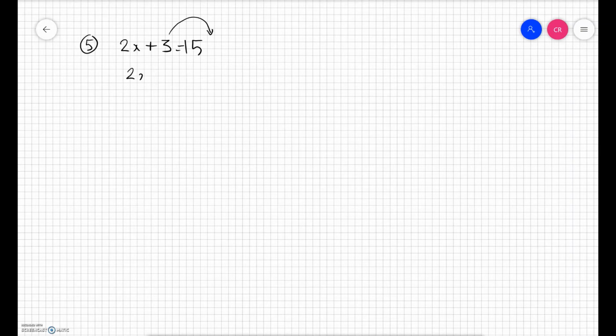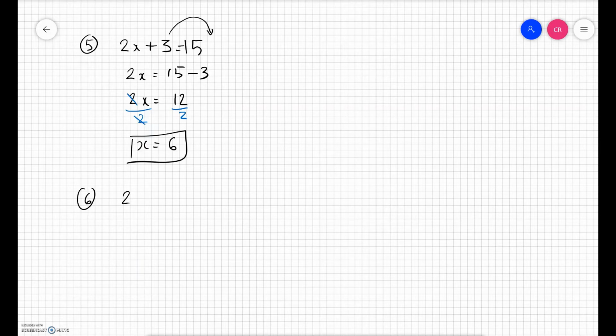So we end up with 2x equals 15 minus 3, or 2x equals 12. Now we're back to one that we have seen before. So now we simply divide both sides by 2 to give us x is equal to 12 divided by 2, or 6.